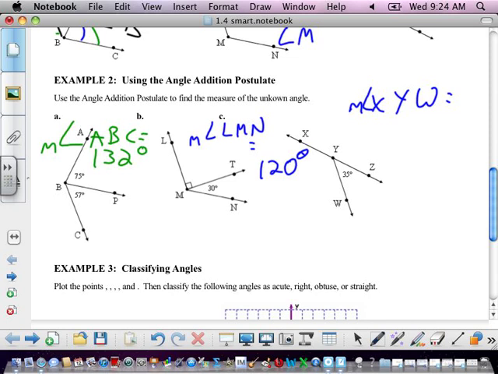If we know the whole thing, yes, Ajane? If I want to know what this angle is, Derek, you want to help her out? Yeah. You subtract it. So you take 180 minus 35. What do we get, guys? 145 degrees. Does that make sense? The whole thing's 180. You want to know what part of it is? You take it away.